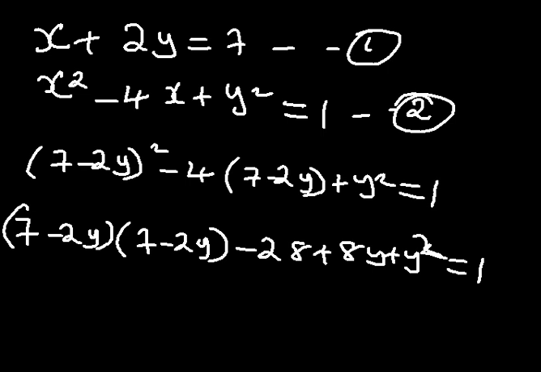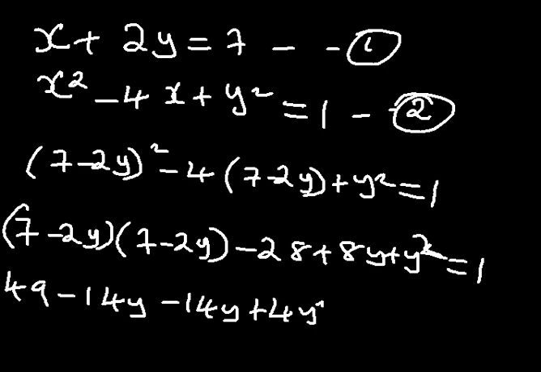So we'll have 7 times 7, which is 49, negative 14y and negative 14y, plus 4y squared, minus 28 plus 8y plus y squared, which is equal to 1.